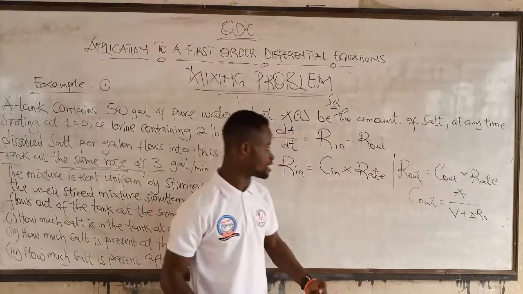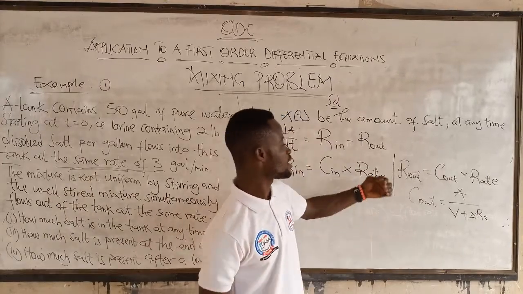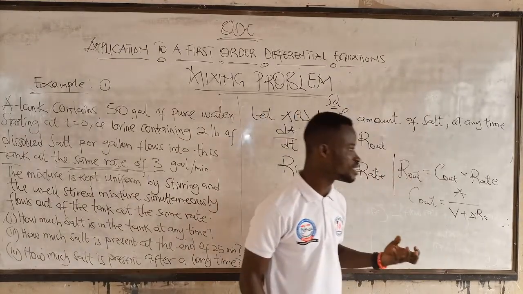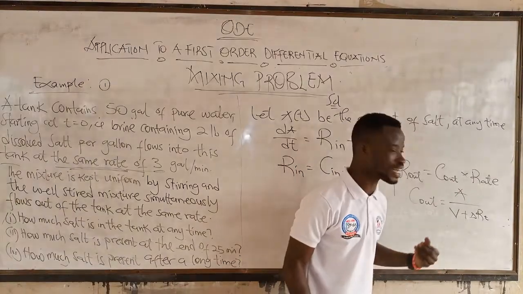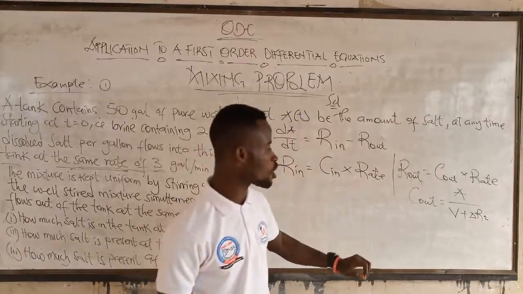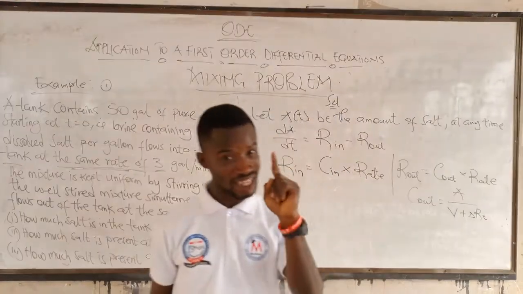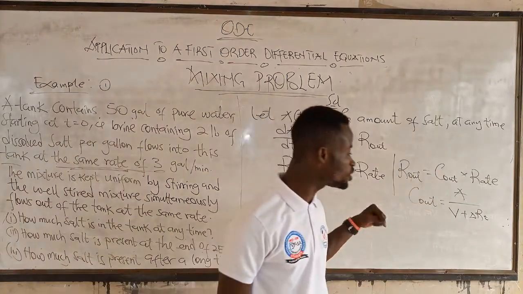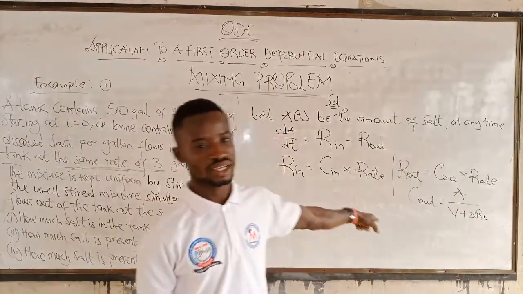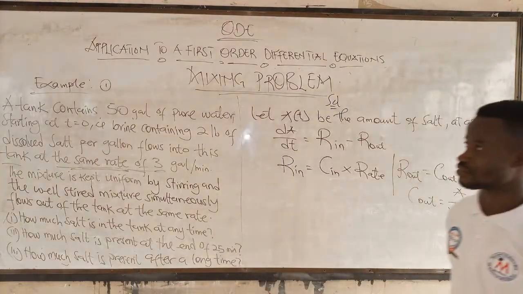The inflow rate is concentration in times the rate. The outflow rate is concentration out times the rate, whereby the concentration out is equal to the amount over the volume, not just the volume, but plus the change in the rate. That's what's going to help you to solve. Alright, so now let's come back to the question.